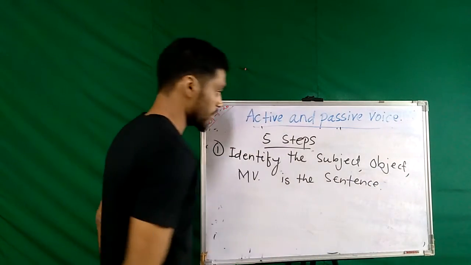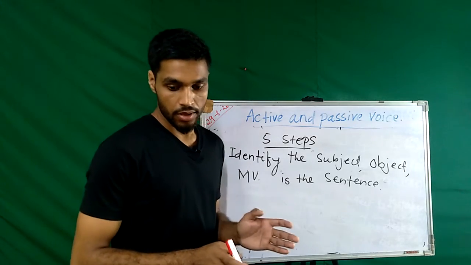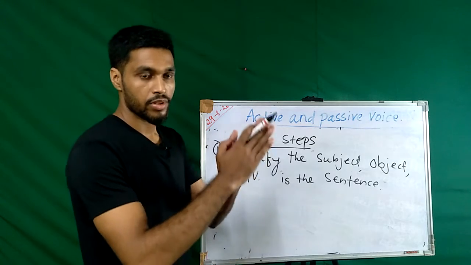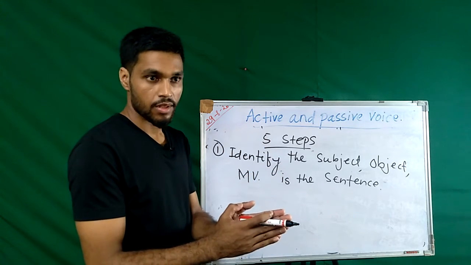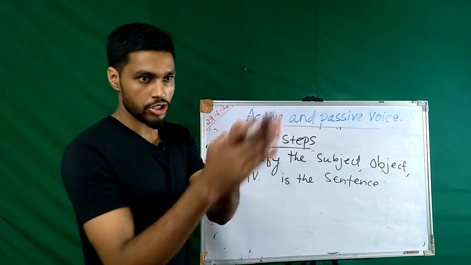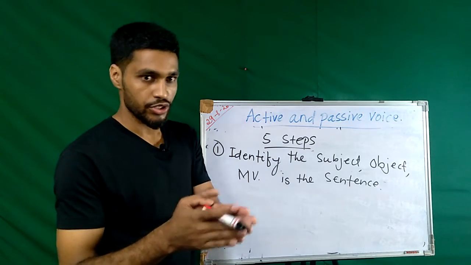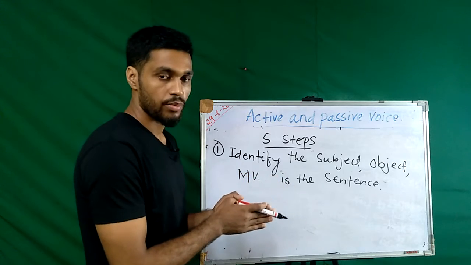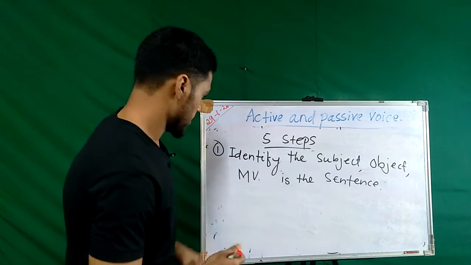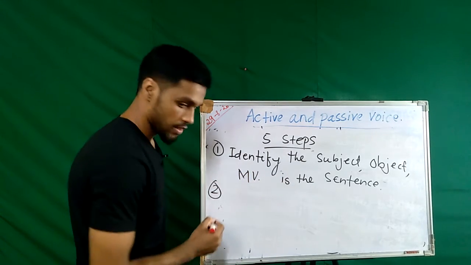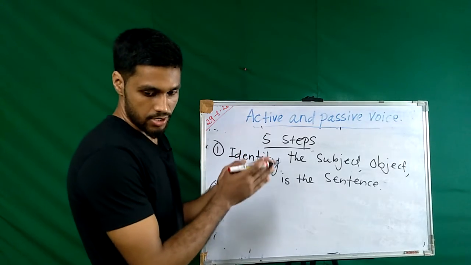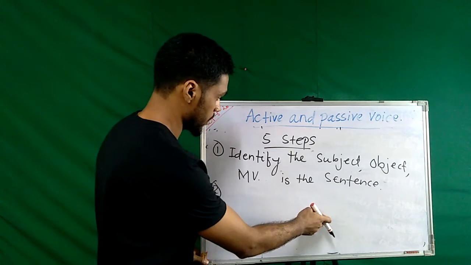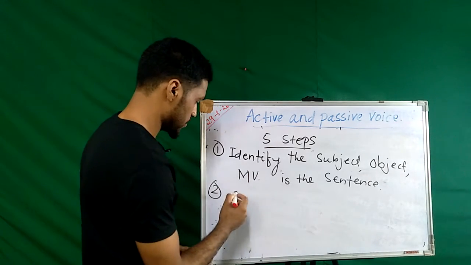And what is the second step? We need to exchange the subject and the object. Exchange the subject in the place of object and the object in the place of subject.